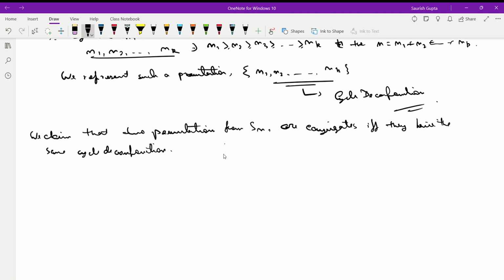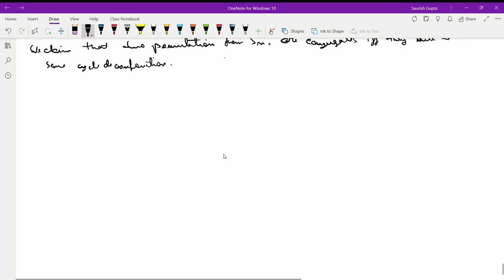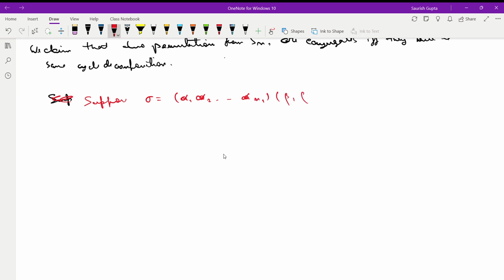Now if they have the same cycle decomposition, then it's trivially true, right? Suppose sigma is equal to (alpha 1, alpha 2 till alpha n1), then (beta 1, beta 2 till beta n2), and so on till (x1, x2 till xnr).